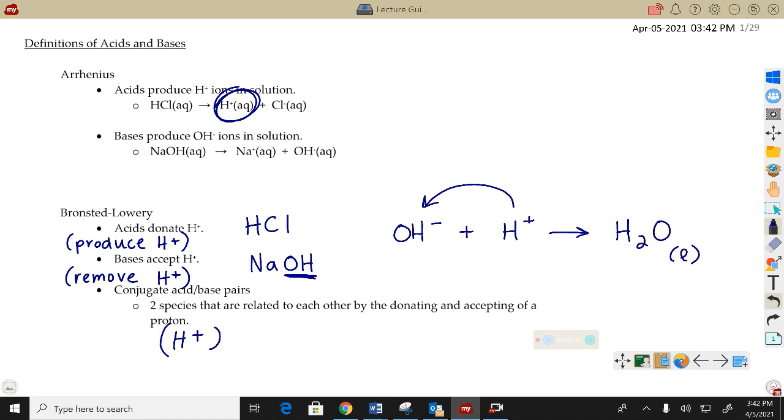A hydrogen plus one ion is a hydrogen nucleus, and we lost the one electron. And all that's present in a hydrogen nucleus is a proton. So sometimes you might also see these definitions say a proton donor or a proton acceptor. It really means a hydrogen ion.